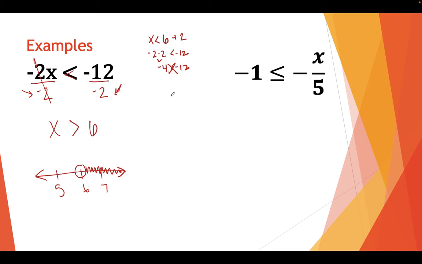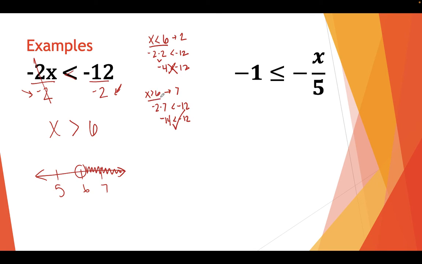It is greater than -12. So if I pick a number that's less than 6, that number does not work. If I pick a number that's greater than 6, let's say 7, -2 times 7 is -14, which is indeed less than -12.